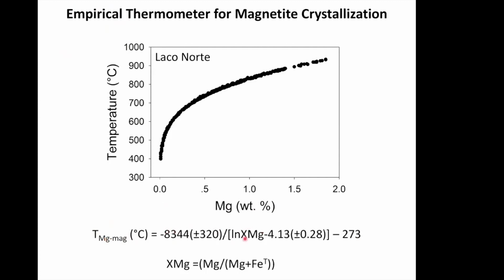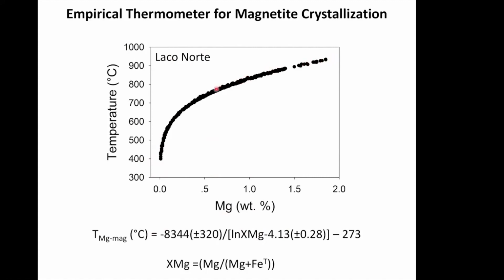So you calculate the mole fraction of magnesium divided by the mole fraction of magnesium plus iron, and this equation allows you to calculate the temperature of magnetite crystallization. I'm showing them here for simplicity against magnesium, but here's what I want you to see. For Laco Norte, one of the ore bodies that we studied, the temperatures of magnetite crystallization span the range from about 400 degrees to slightly in excess of 900 degrees.